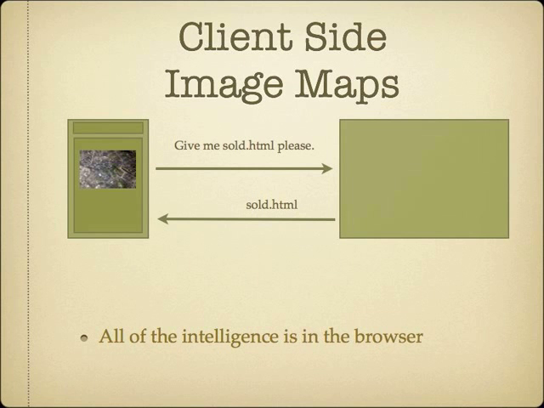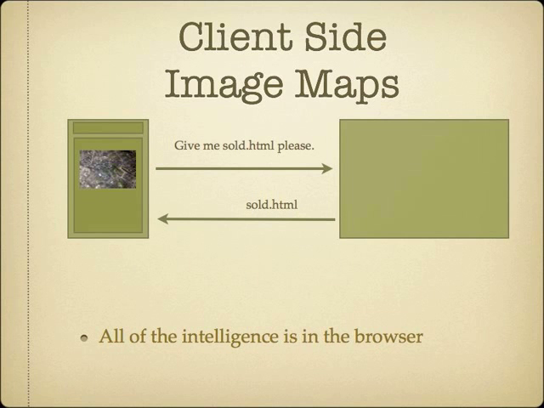So with a client-side image map, the user clicks on the image at, say, location 50,70, and then the browser knows that that corresponds to sold.html. So it will then, off its own bat, request sold.html from the server. So client-side image maps put all of the intelligence and all of the decision making inside the browser.